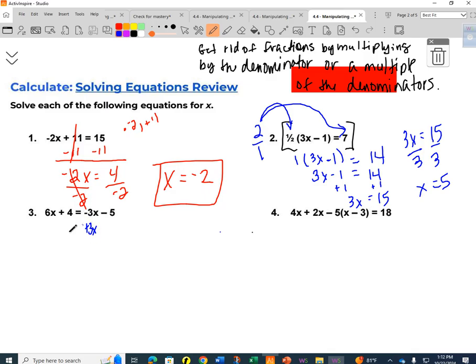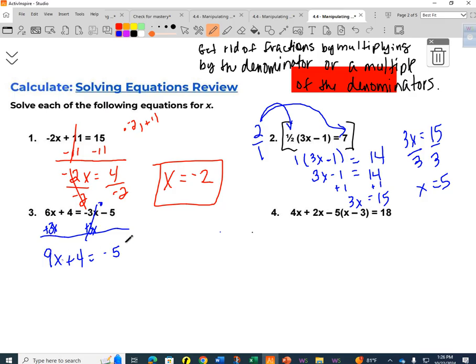So negative 3 and positive 6, the variable term with the smallest coefficient is negative 3. Let's add the opposite of that to both sides. And when we do that, we move it from here to the other side. So 9 times x plus 4 equals 0 minus 5, or negative 5. That goes away.